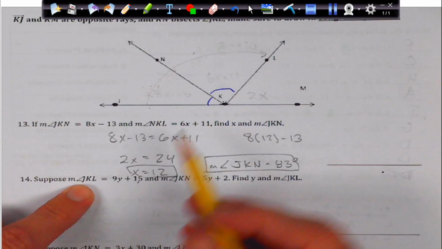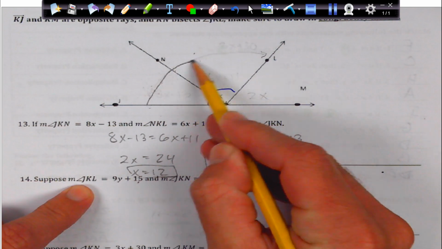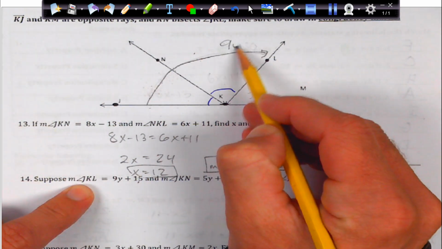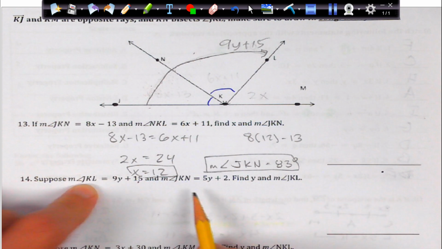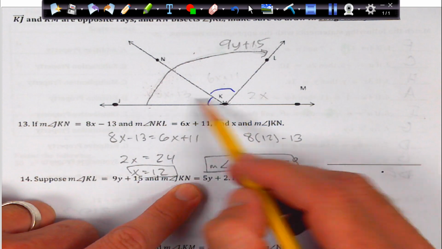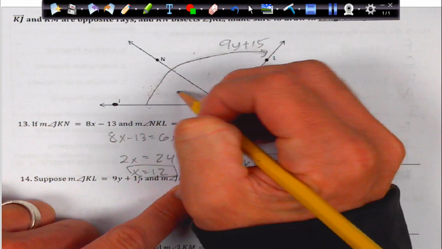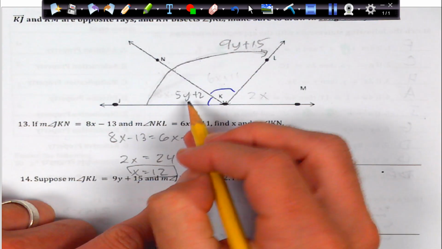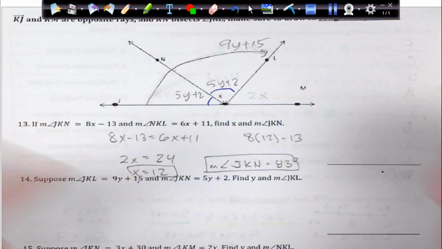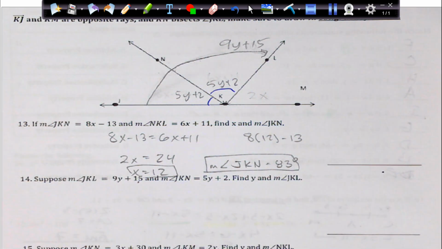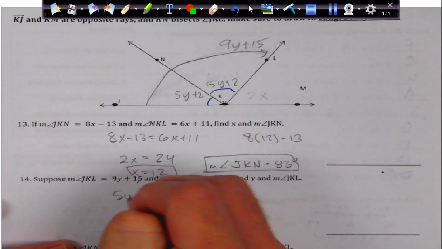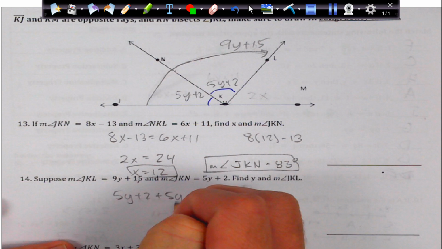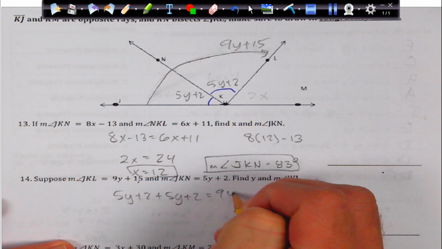JKL. So JKL, again, we have the whole thing here, is 9y plus 15, and JKN is 5y plus 2. Okay. If this is 5y plus 2, this is also 5y plus 2. So this is going to be angle addition postulate. We're going to add 5y plus 2 together, both of them, and set equal to the whole thing.